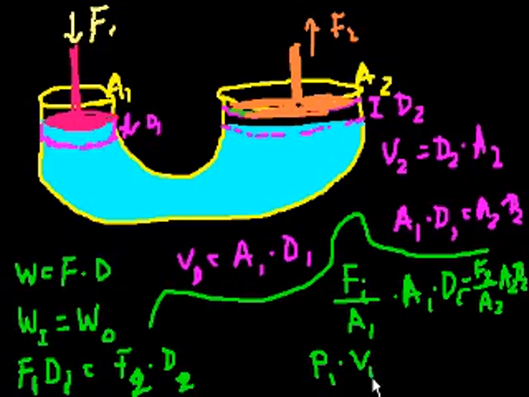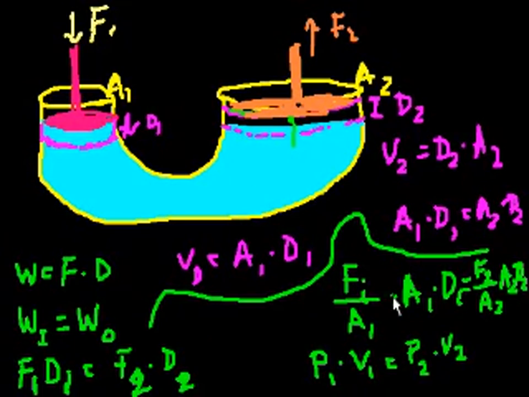Pressure 1 times V1 is equal to the output pressure, force 2 divided by area 2. That's the output pressure that the water is exerting on this piston, so that's the output pressure, P2. And what's area 2 times D2? This cross-sectional area times the height by which the water is being displaced upward is equal to volume 2, right?